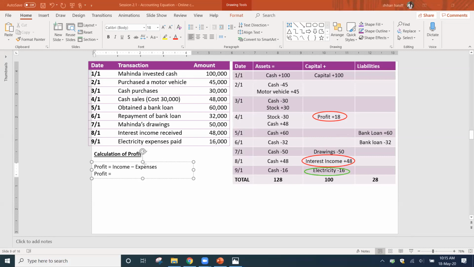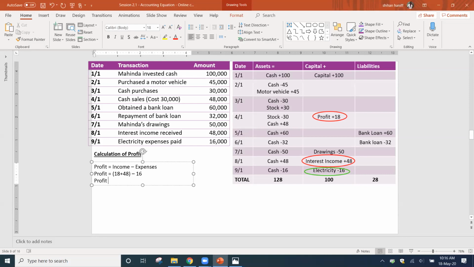Okay, so income: 18 plus 48, and only one expense, 16. 18 plus 48 is 66 minus 16.